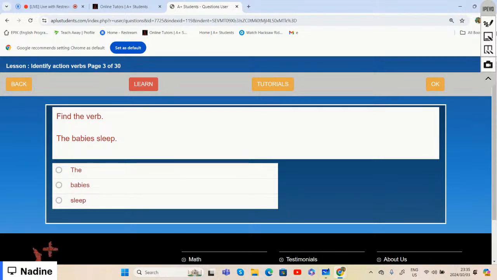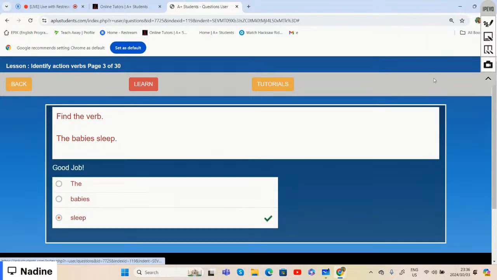What is the action verb? It says the babies sleep. And if we were to find the verb, then we will say option three, sleep, because that tells us what the babies are doing.